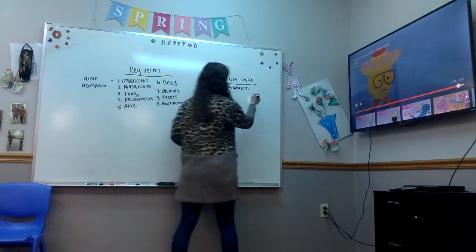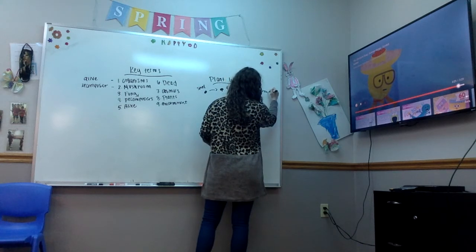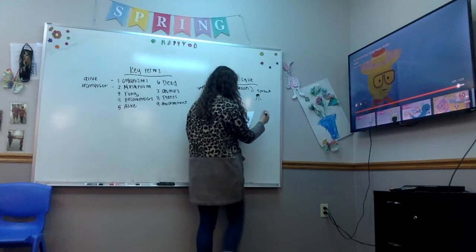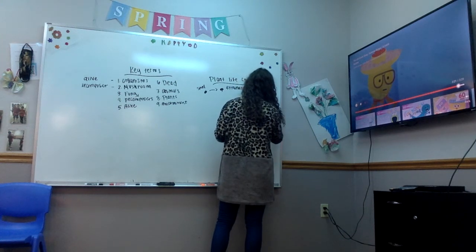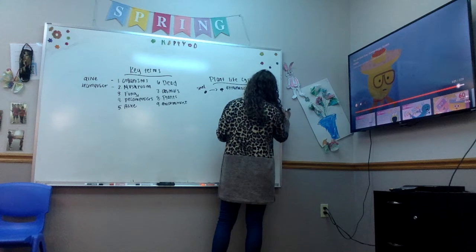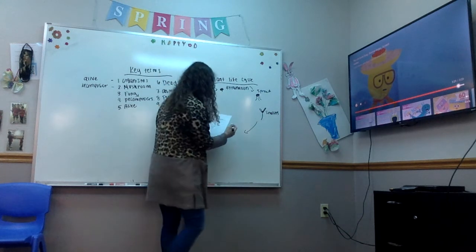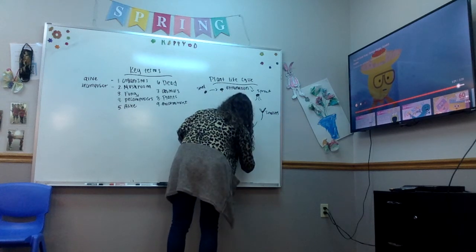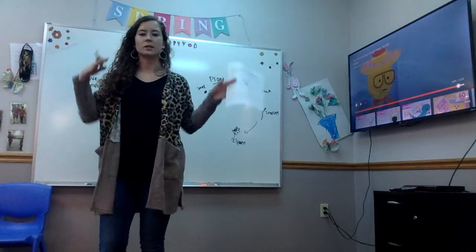And then you're going to have your seed, and it's going to sprout. So your seed's going to sprout, and then it's going to go to a seedling. And after it's a seedling, it's going to turn into a plant. And then what do we think is going to happen once our plant forms?